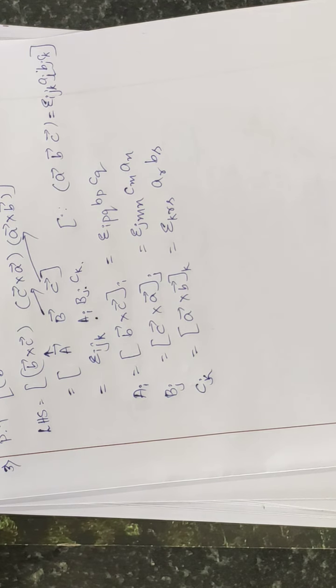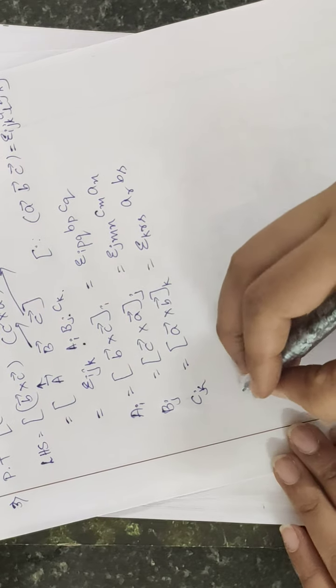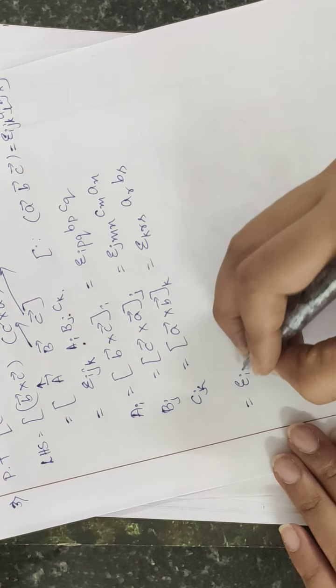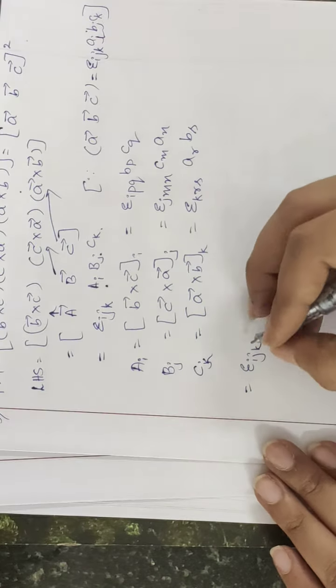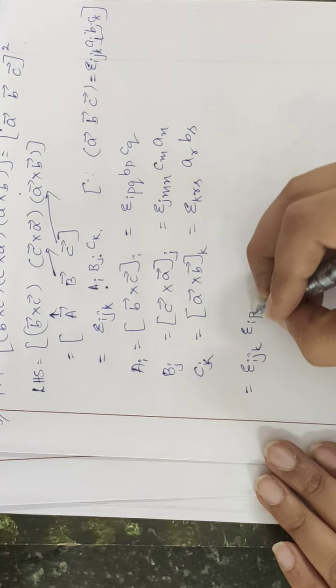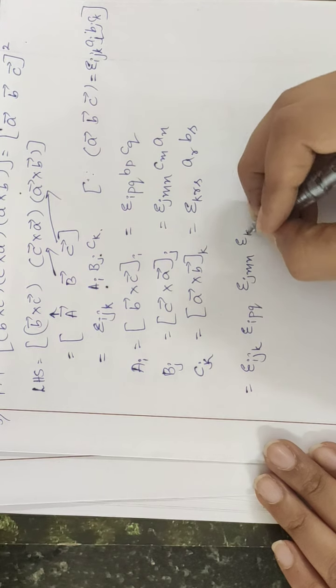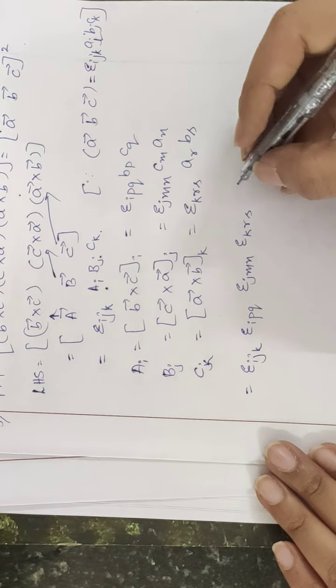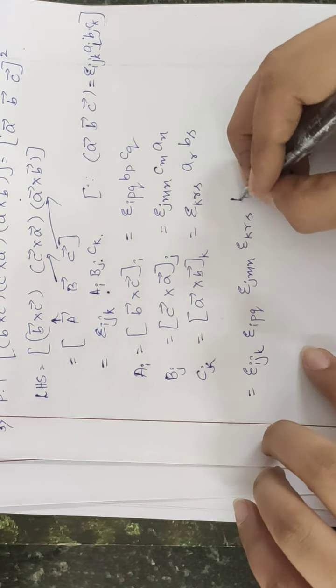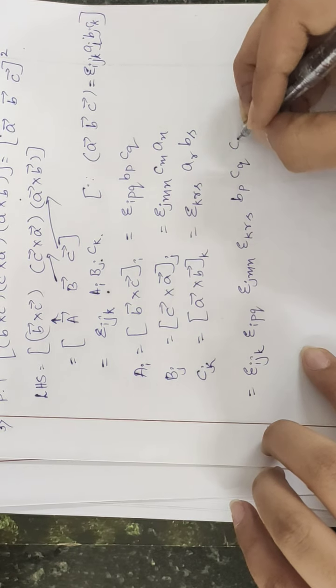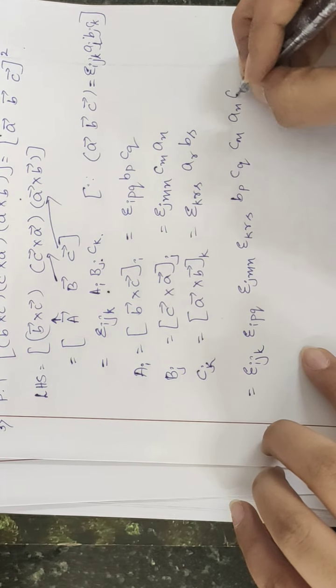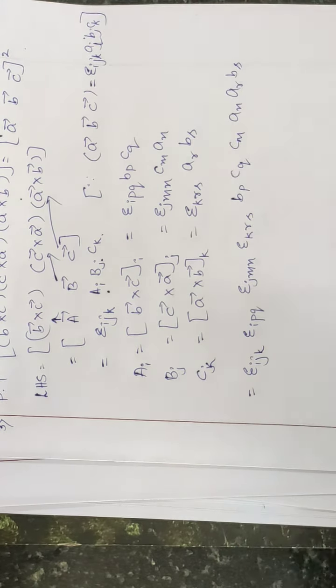Okay, so this will be equal to epsilon ijk epsilon ipq epsilon jmn epsilon krs. The remaining thing is bp cq cm an ar bs.